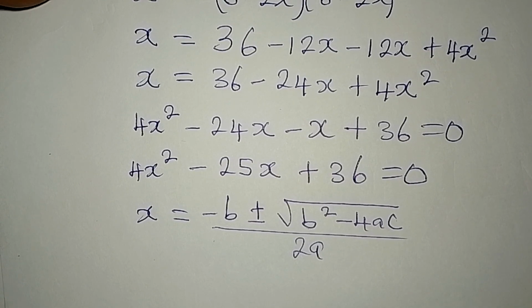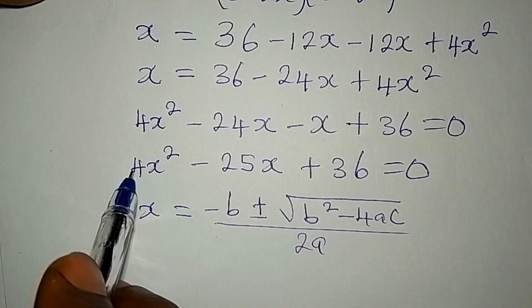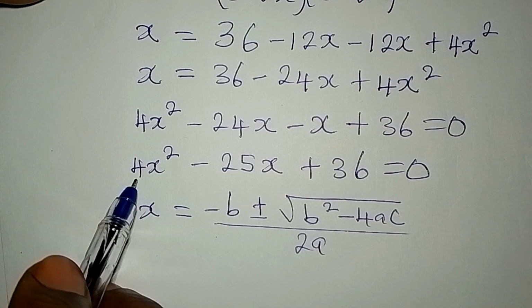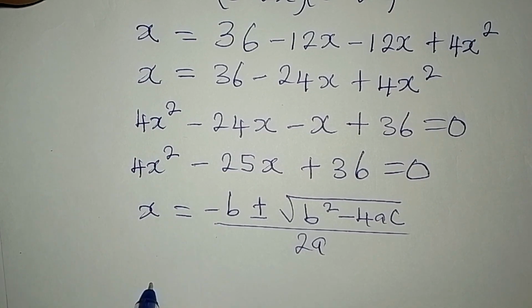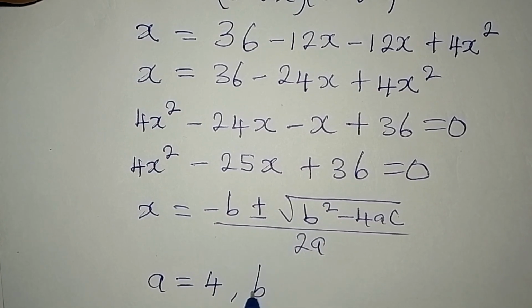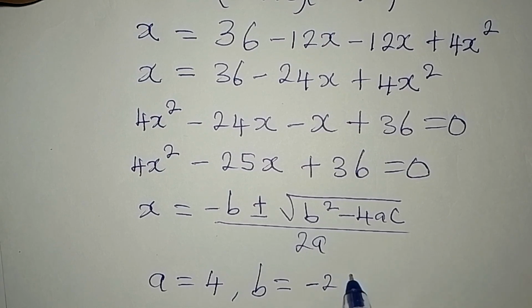That will be our next step. According to this equation, a is the coefficient of x squared. So our a is 4. Now b is the coefficient of x, and that is minus 25.